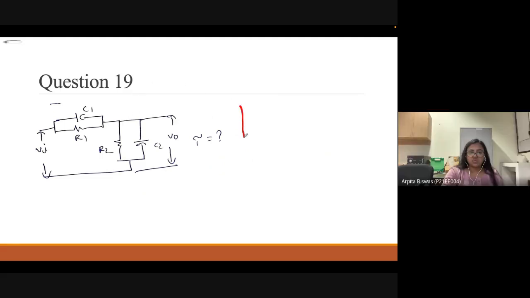So this is short, and there is a capacitor which is parallel with the resistance, C1 R1, and here also R1 R2 and there is a C2. And this is short. So how will we find it out? This R1 and R2 are in parallel, and this is also in parallel.